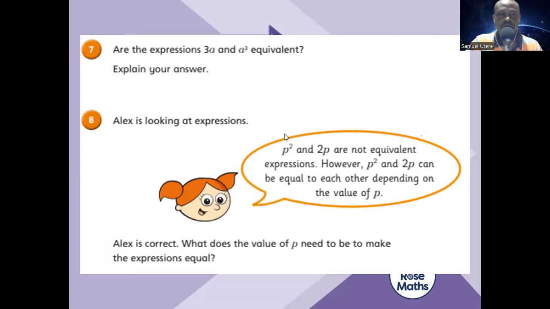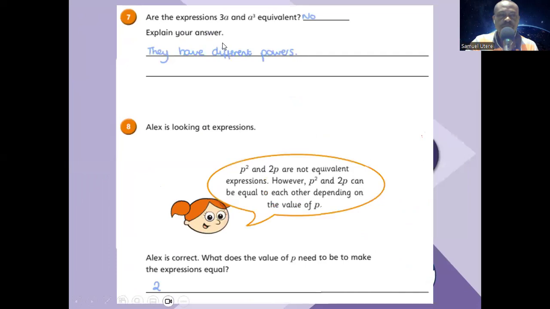So here you ask, are the expressions 3a and a to the power 3 equivalent? Of course, no. So assuming you've paused the video, you've worked through it. So here are the answers. Let's discuss them. Of course, no. They have different powers. Straight away, that is obvious. Or another way, you could test with a value.